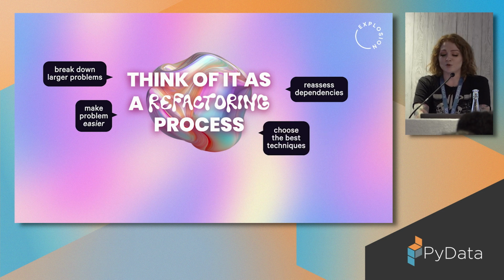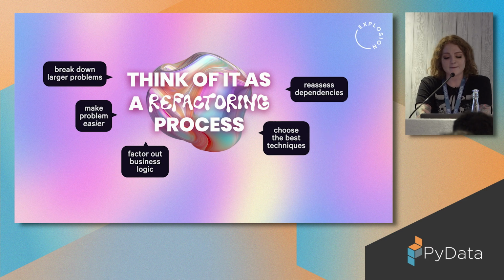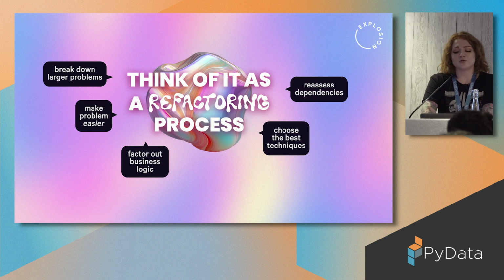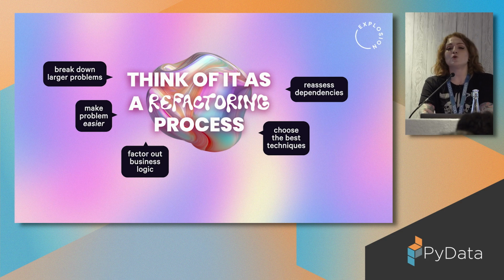And another thing you want to do is choose the best techniques. There are a lot of techniques available, and they're all parts of the toolbox. The latest technique isn't necessarily the best technique for everything. And another thing that's really part of the refactoring process is factoring out the business logic, separating what is a general task that you can solve with machine learning from what's really specific to my problem.